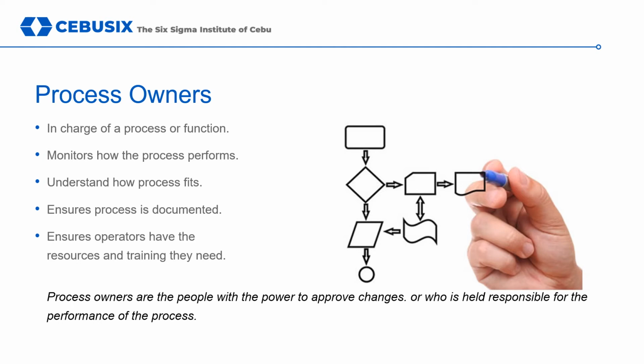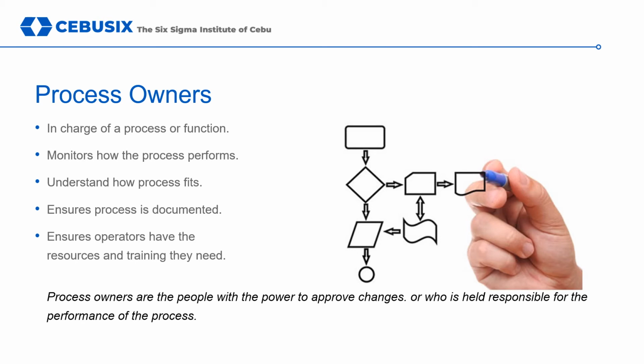The responsibilities of a process owner are often defined by the infrastructure of a specific business, but commonly, a process owner will monitor how the process performs, usually using one or more metrics or regularly reported data elements.